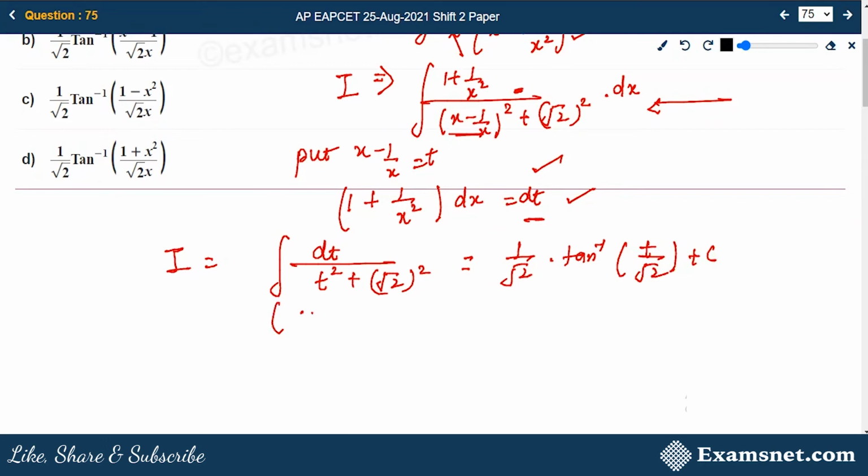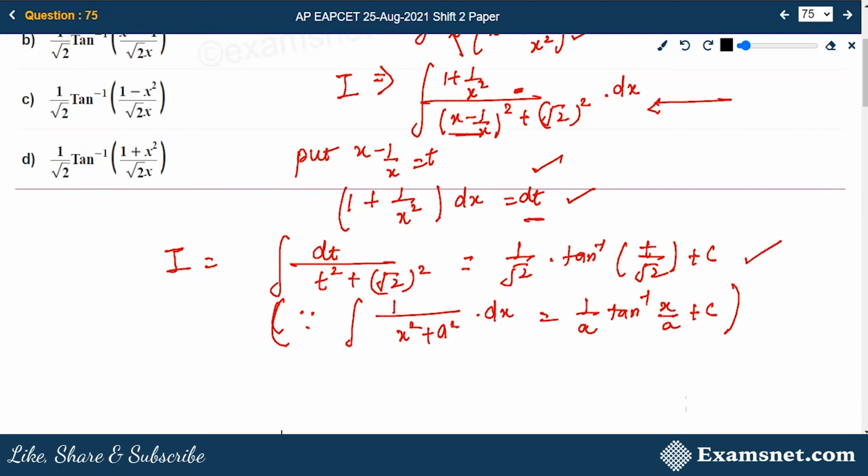Why? Because the integral of 1 upon x square plus a square dx is equal to 1 by a tan inverse x upon a plus some c. So I'll use this formula over here and you will have I is equal to 1 by under root 2 tan inverse t upon under root 2 plus c.